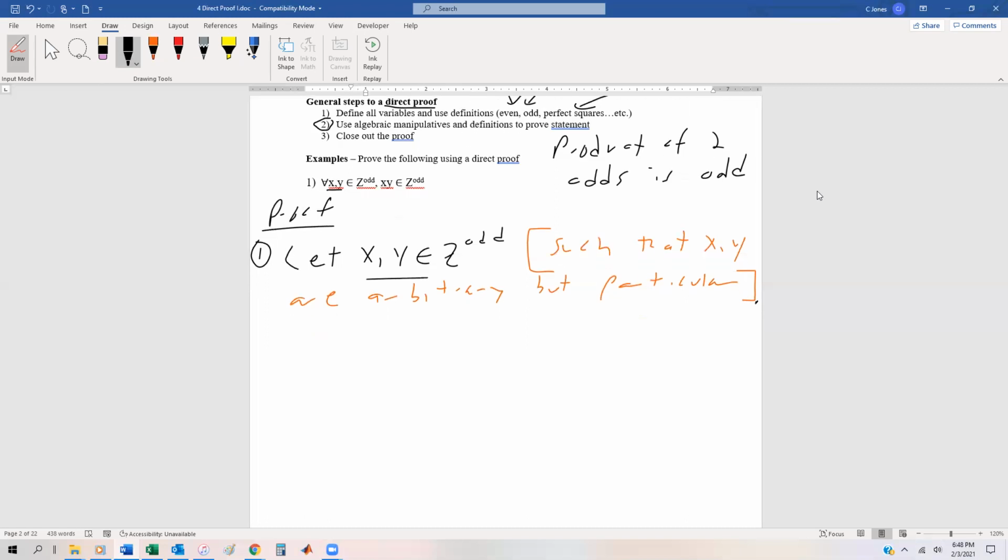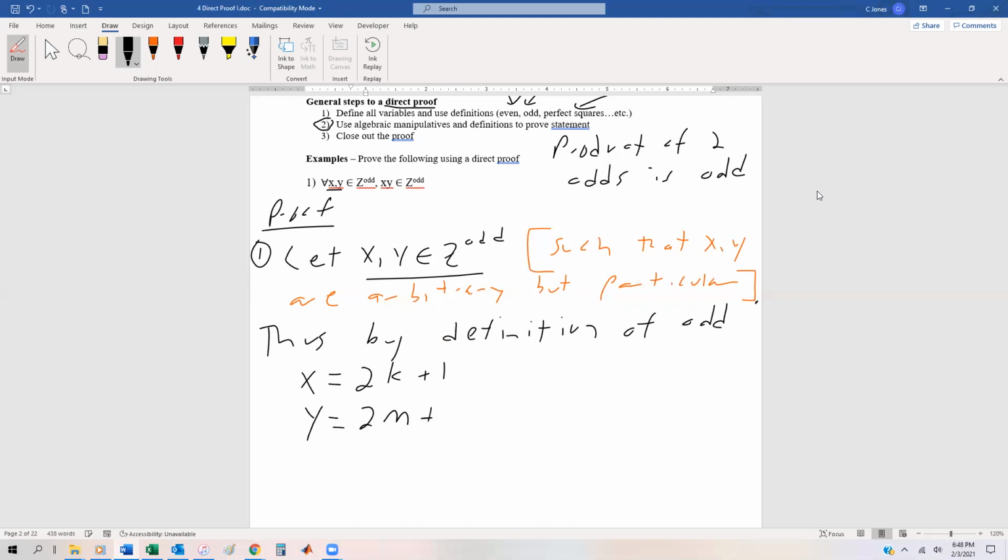Since x and y are odd, thus, by definition of odd, we can say that x is equal to 2k plus 1, and we can say y is equal to 2m plus 1.